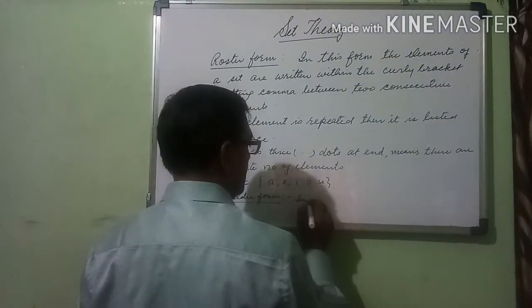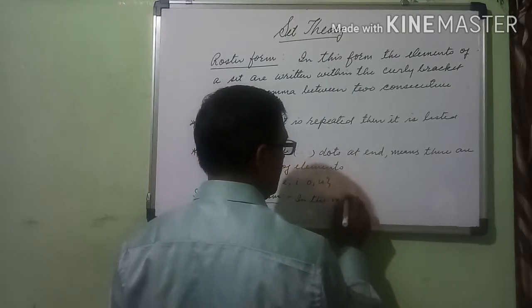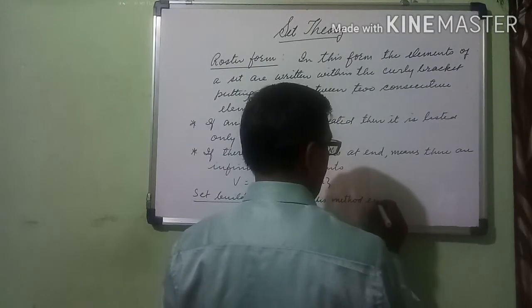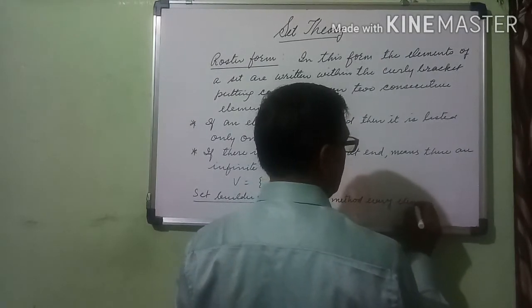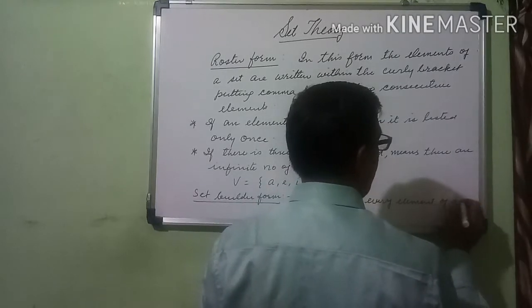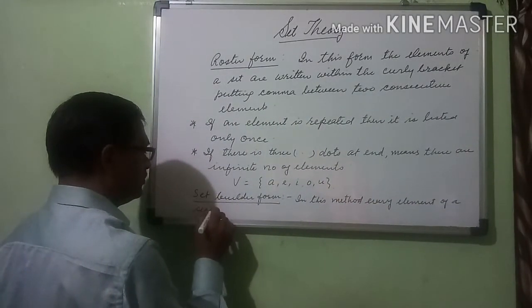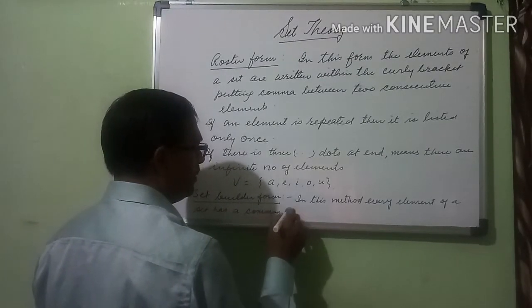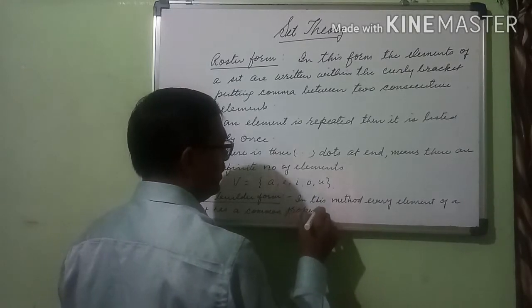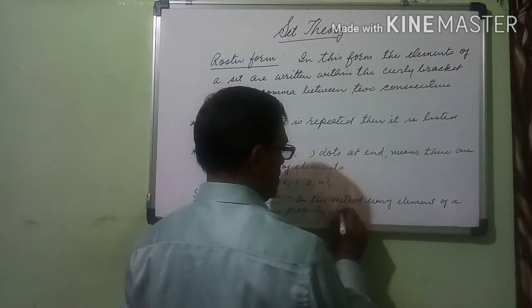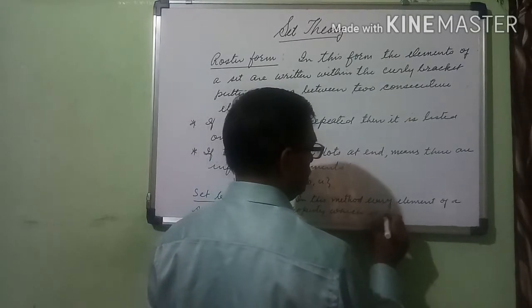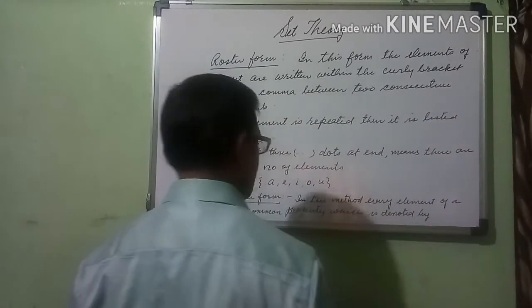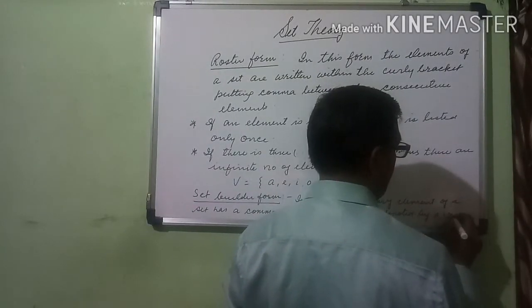In this method, every element of a set has a common property which is denoted by a variable.